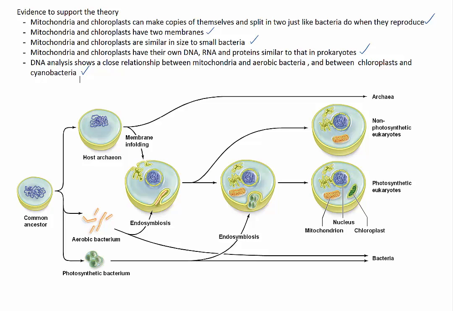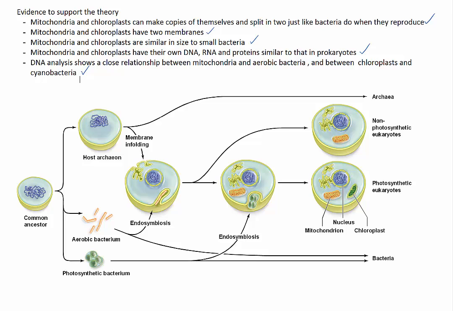Chloroplasts harness energy from light in order to produce molecules such as glucose. As a symbiotic relationship, the chloroplasts would provide glucose and energy to the host cell, and the host would provide the chloroplast with carbon dioxide and water, as well as protection from predators and from drying out.